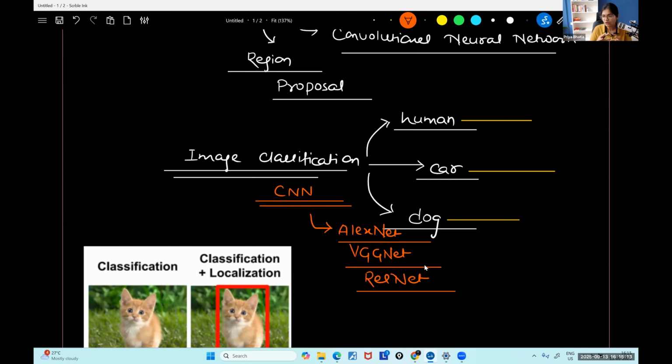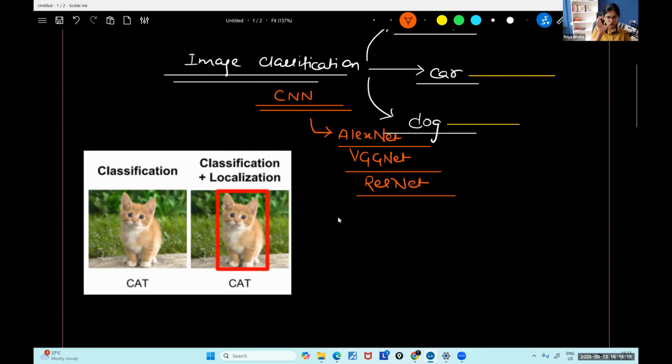Now, if you want, on top of this specific image, some box which helps us to localize, to locate. Localize means what? Locate, right? The image using this bounding box, that is again something by which we will be able to understand that, okay, this is exactly where the cat is located.